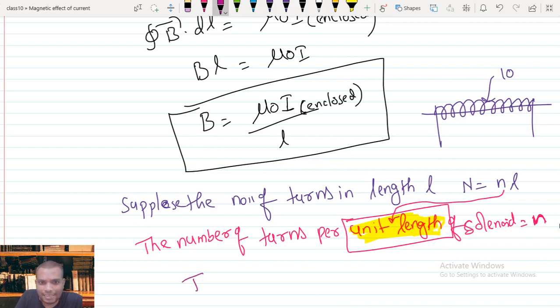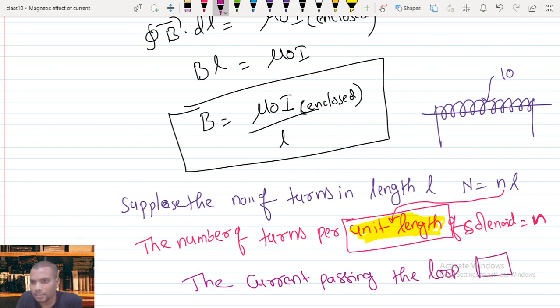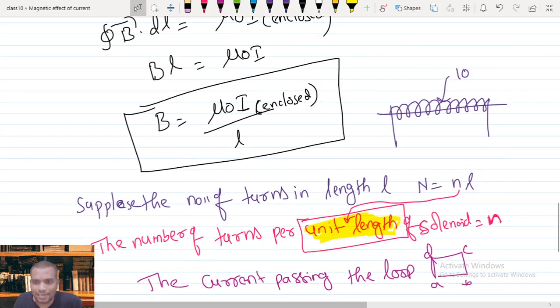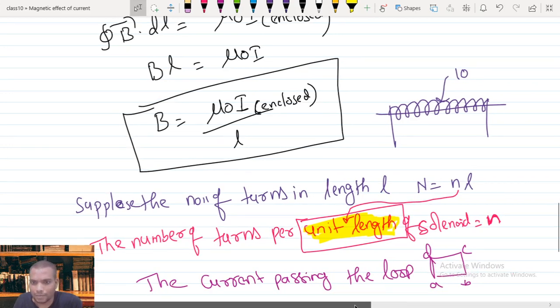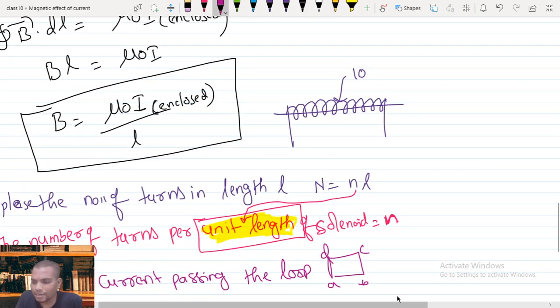Now the current threading the loop, here the loop I consider as A, B, C, D, A. Through this loop, how many turns are there and how much current is passing?